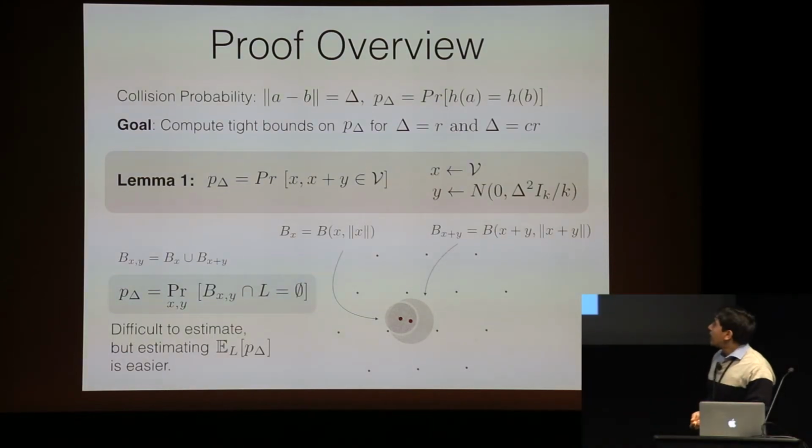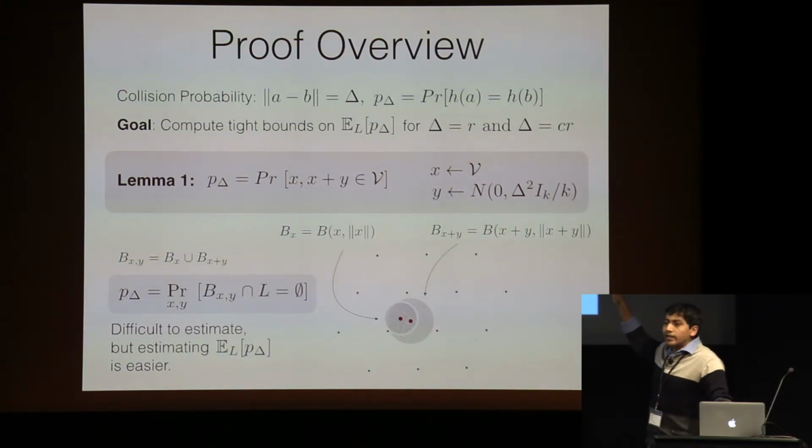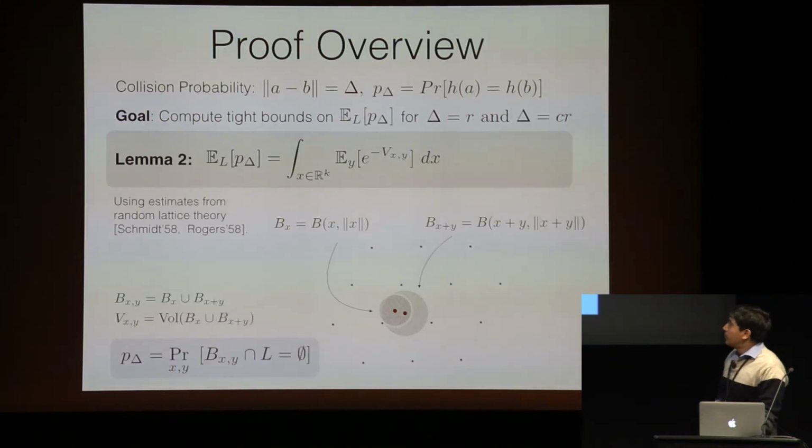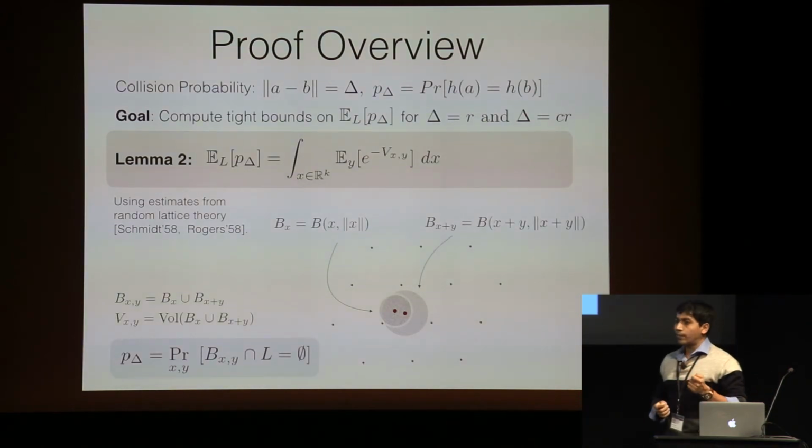The modified goal is to compute tight bounds on this expected collision probability for delta being the near case and the far case. And we use these precise estimates obtained from random lattice theory, by Schmidt and Rogers.